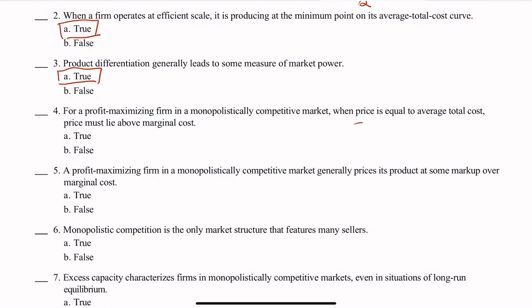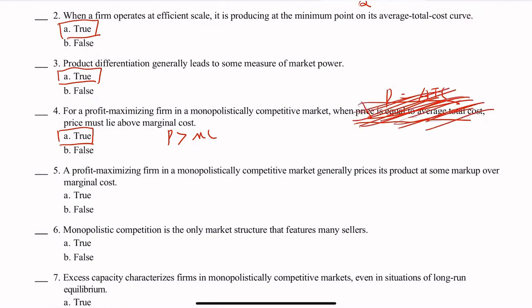So now we have P equals ATC, and then the result is price must lie above marginal cost. Well, this is correct. However, you can see one thing: you do not need this condition here, because if it's a monopolistically competitive firm, then price is always larger than marginal cost, right?